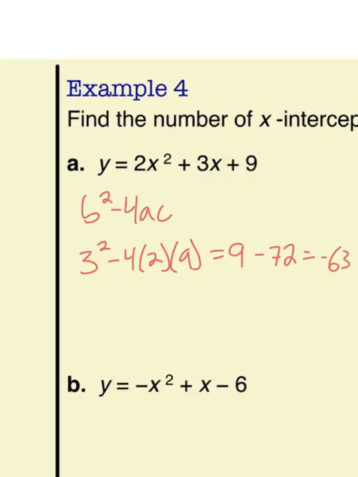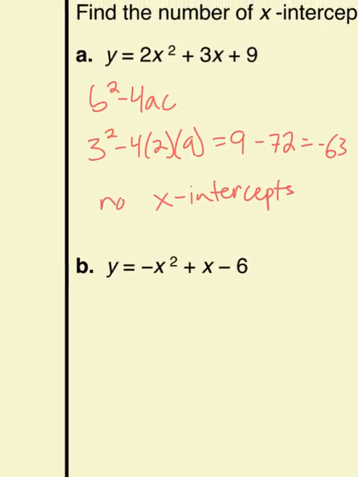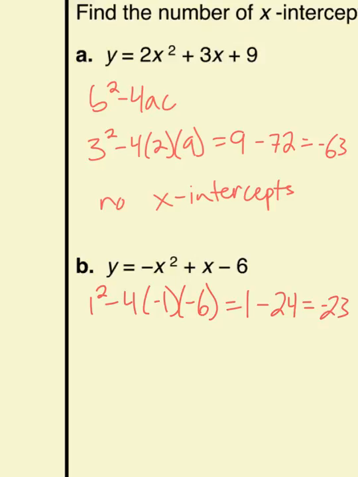So because this is negative 63, there will be no x-intercepts. It will not cross the x-axis. And in this one, b squared minus 4ac, we have 1 squared minus 4 times negative 1 times negative 6, which is 1 minus 24, or negative 23. So there will again be no x-intercepts.